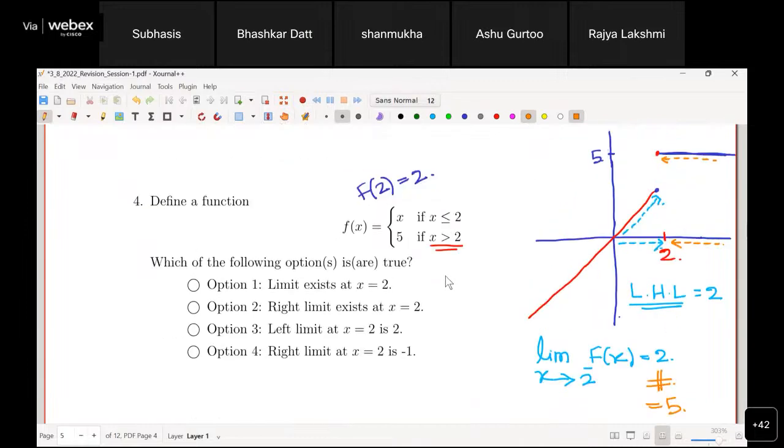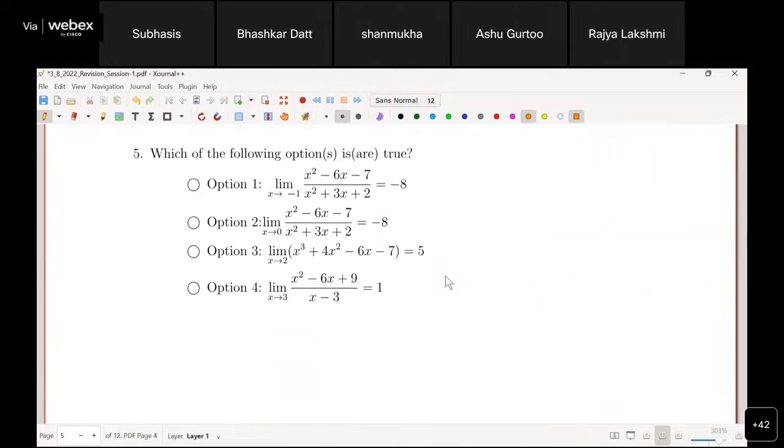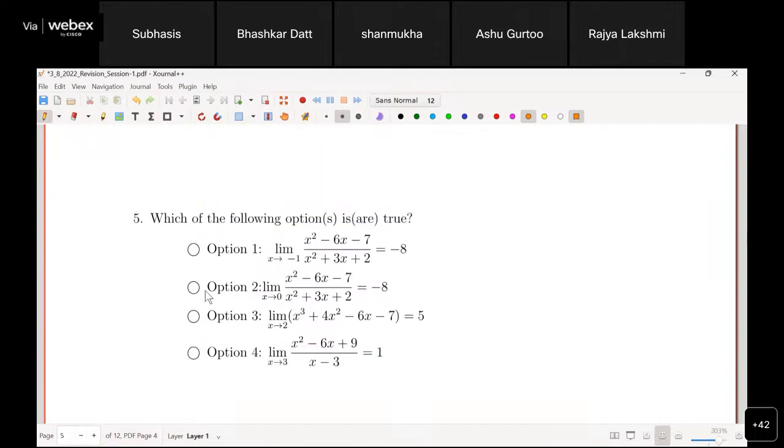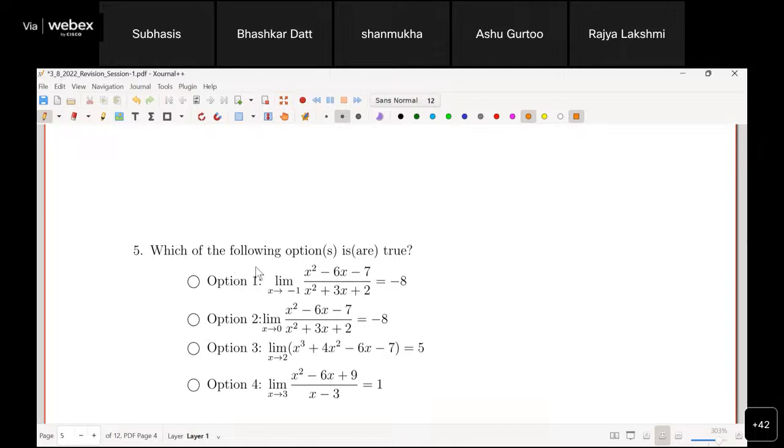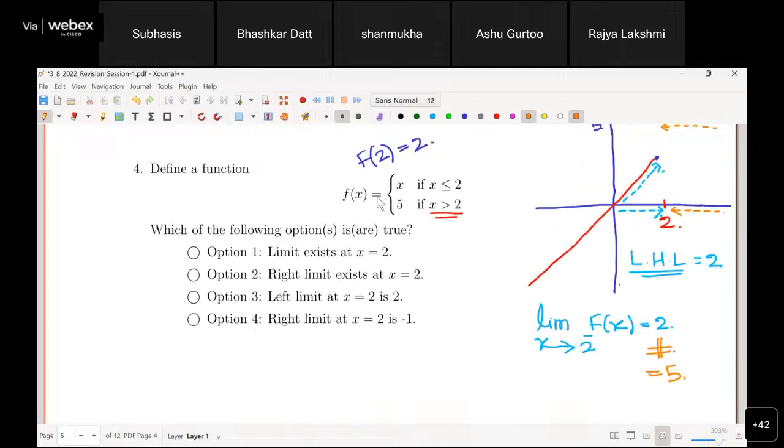Okay, so let me do more questions. Again, like these questions, to find out the limit of the function at 2, as you can see, you can't simply substitute 2.